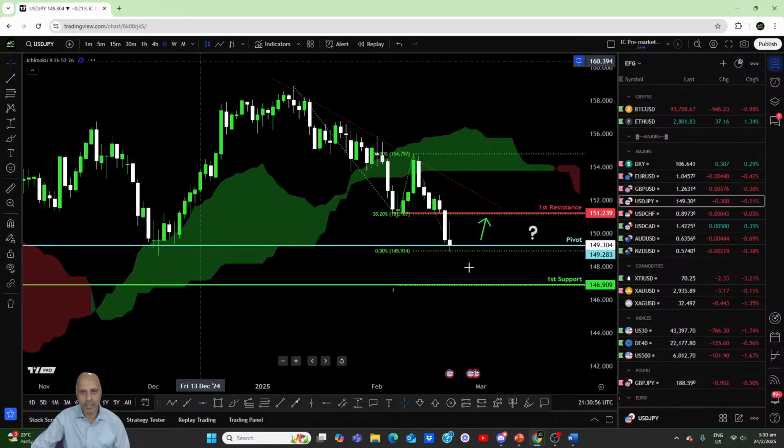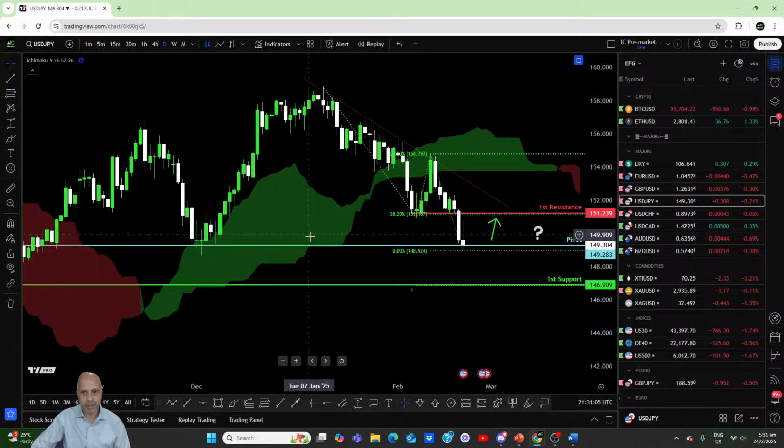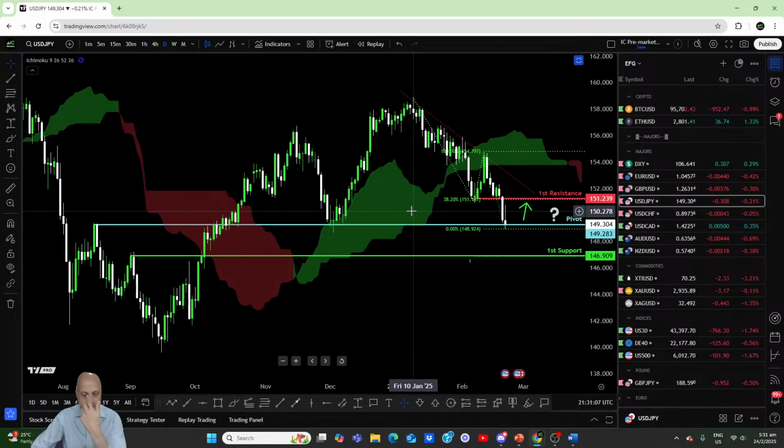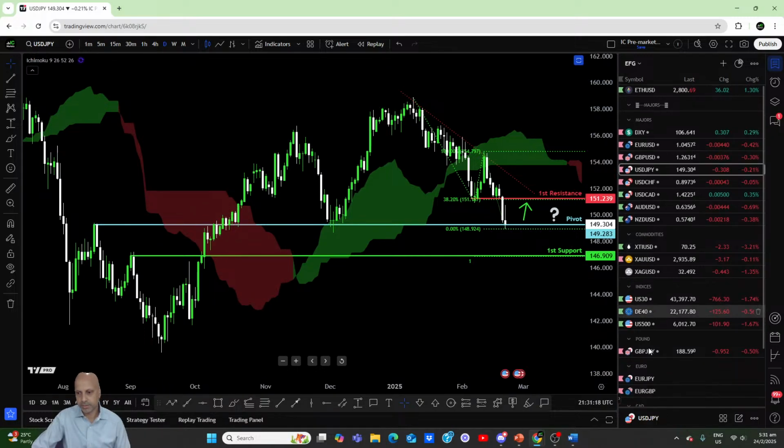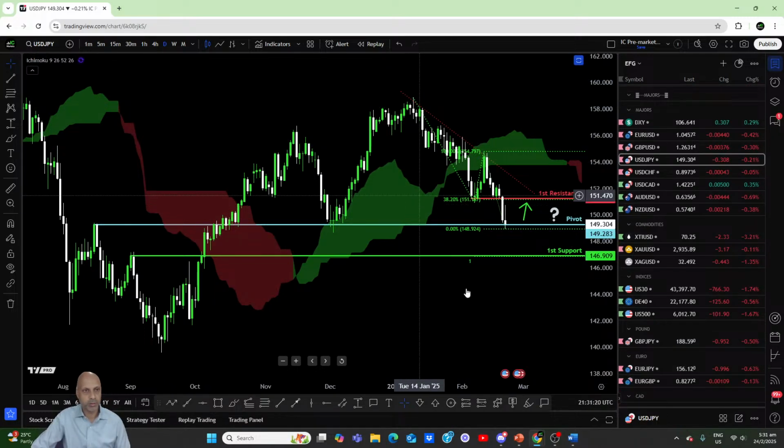Now, coming back to the daily time frame, we can see since 13th of February, dollar yen has dropped very sharply as well, highlighting the ongoing strong demand for the Japanese yen. So remember, take note, stronger demand for Japanese yen is going to cause currency pairs like the dollar yen, pound yen, and euro yen to drop lower.